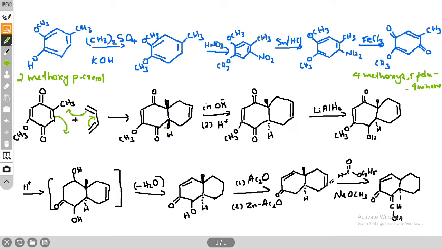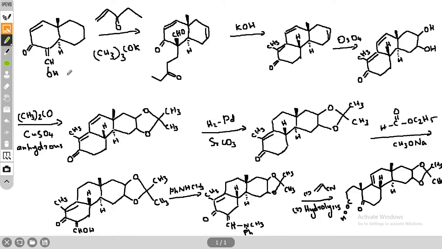Then a condensation reaction takes place. That is, when it is treated with NaOCH3, one hydrogen is removed from here and a carbanion is formed. This carbanion will attack this formyl carbonyl group, and OC2H5 is eliminated, and we will get a compound like this. So the remaining portion will be discussed in the next slide.